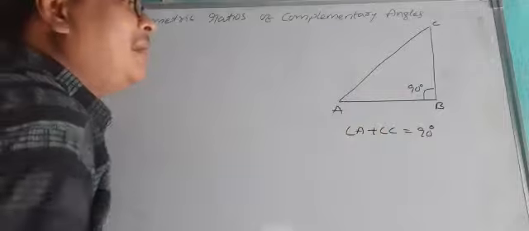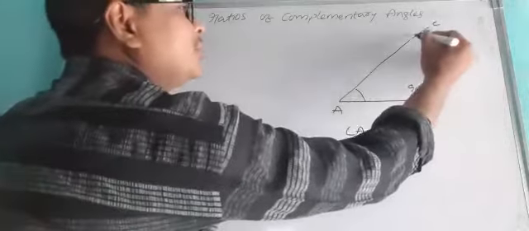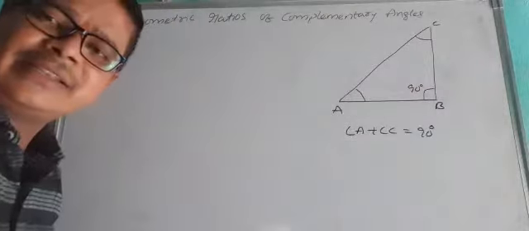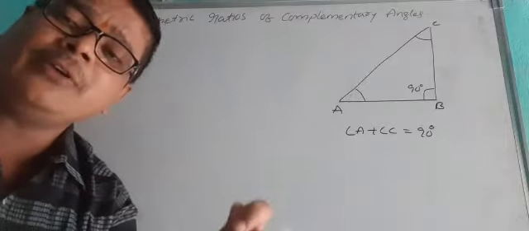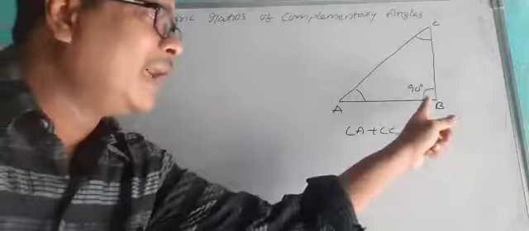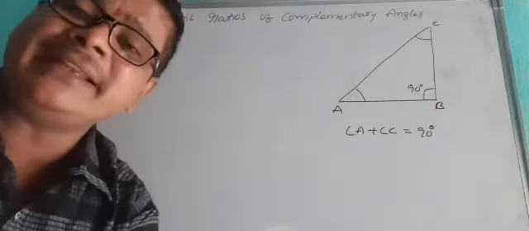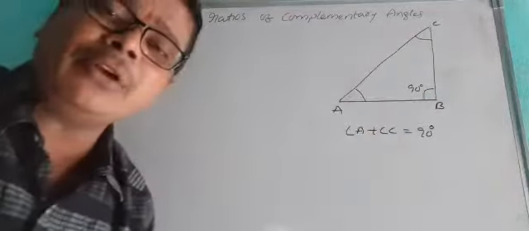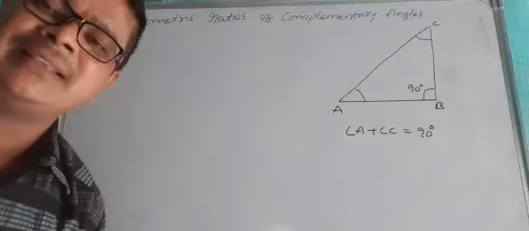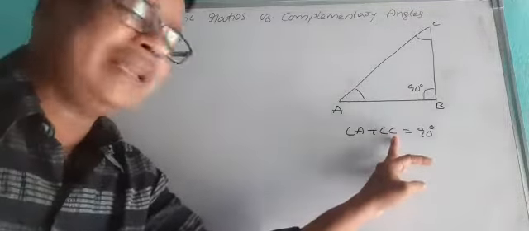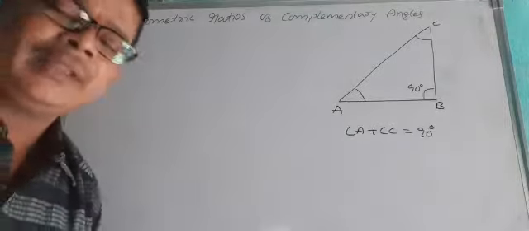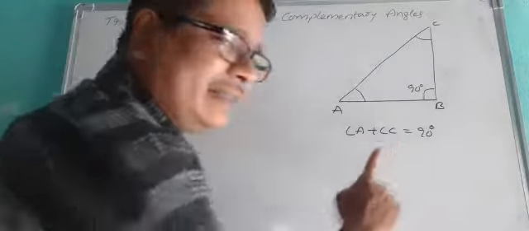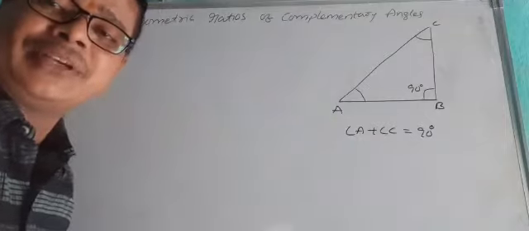The sum of the remaining two angles equals how much? 90 degrees, because the sum of all angles in a triangle equals 180. That means angle A and angle C are complementary angles to each other.